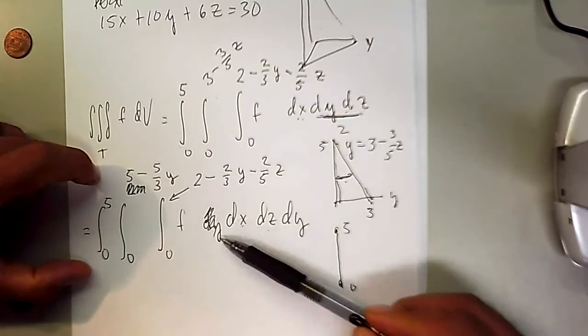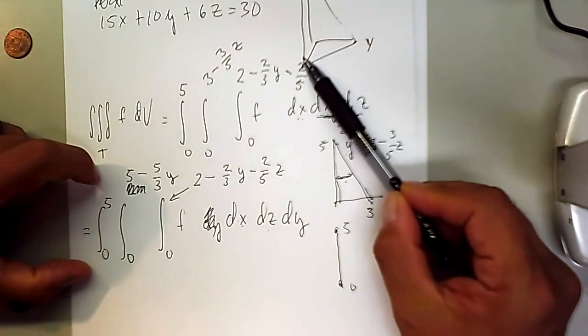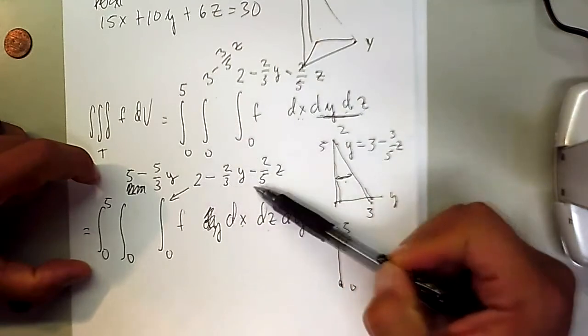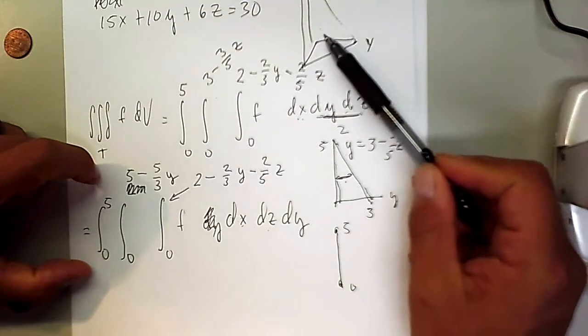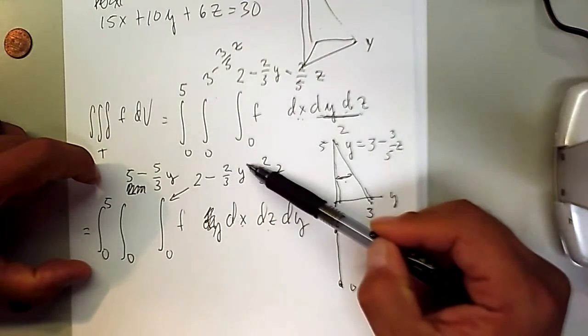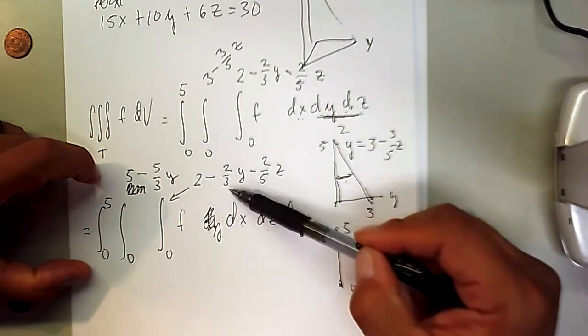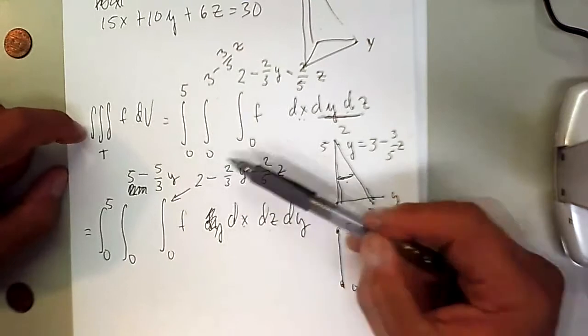So the x can go from 0 up to 2 minus numbers, depending on how far we are on the y or on the z. If y is all the way out to 3, then we end up with 2 minus 2, 0. But at that point, z is going to be 0 also. Okay, so that's good.